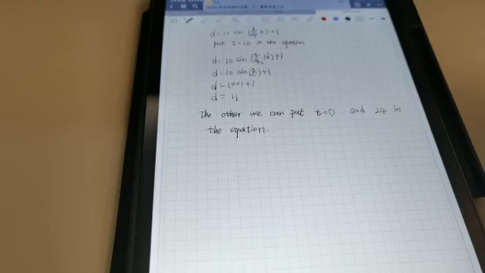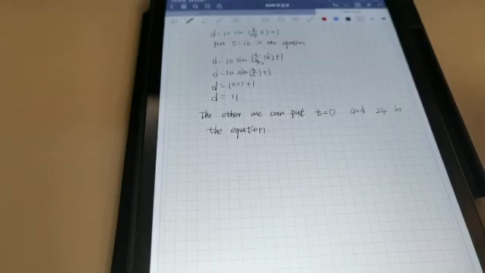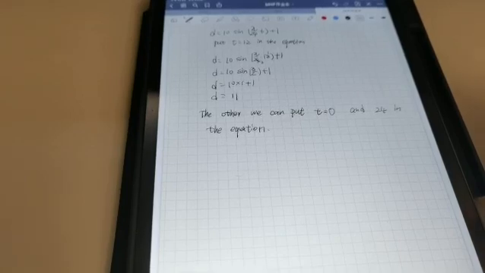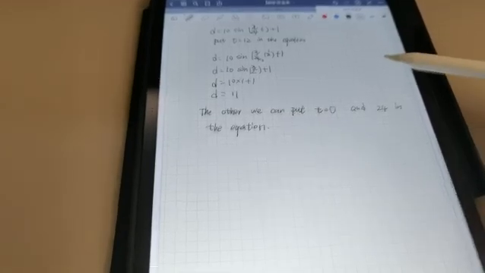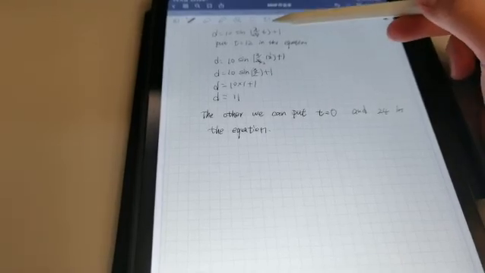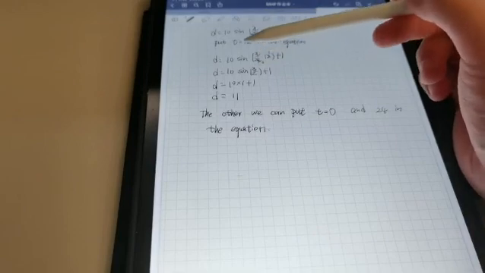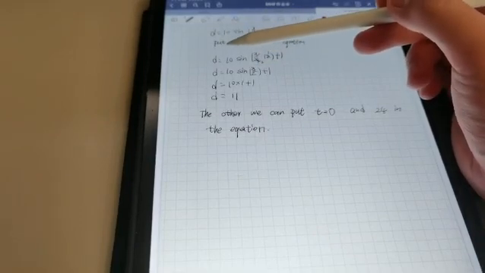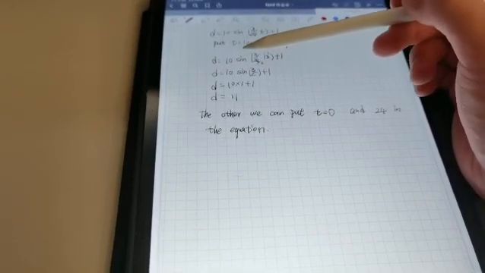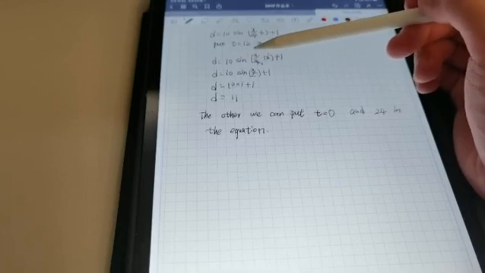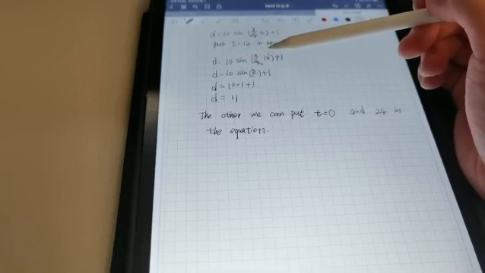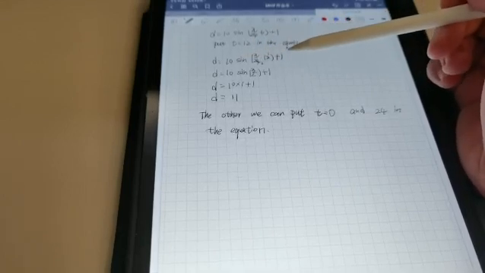What are two more values that would prove it a good check? Let's put t equals 12 in this equation. It becomes d equals 10 times sine of pi over 24 times 12, plus 1.